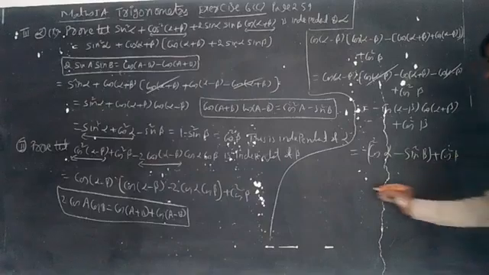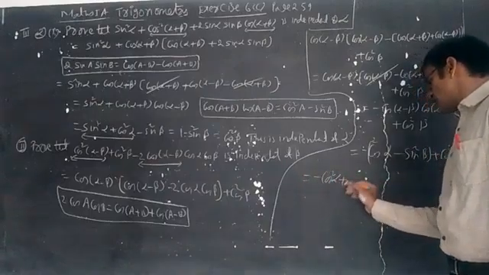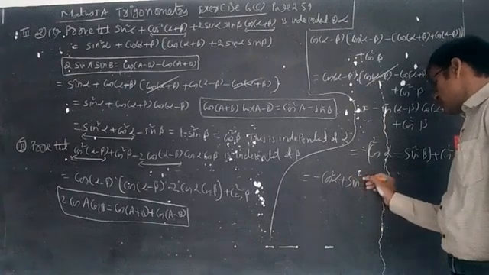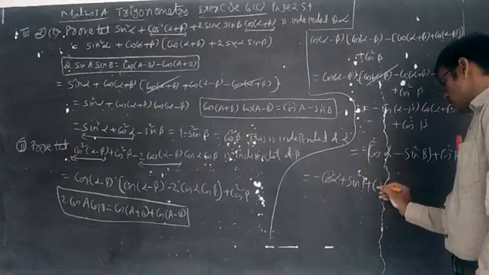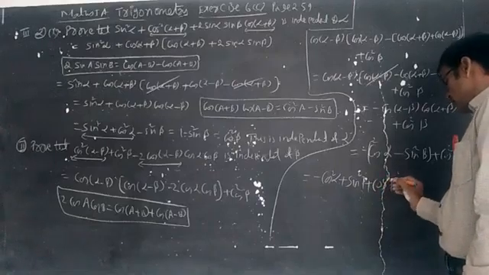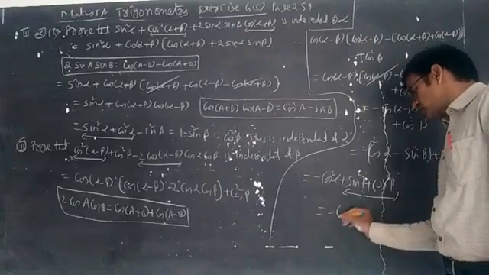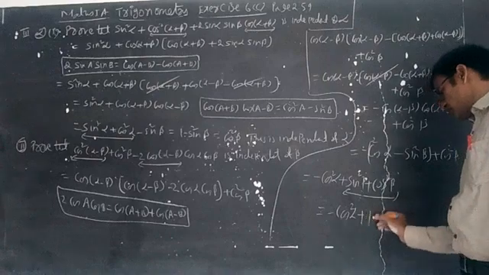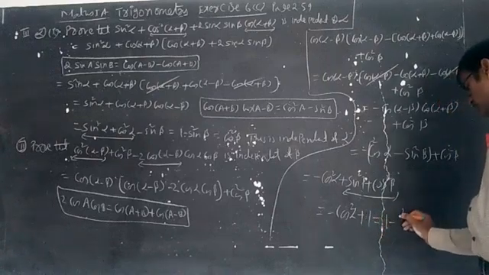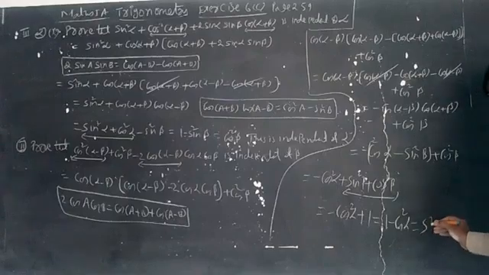That is equal to minus cos square alpha plus sin square beta plus cos square beta. Here sin square beta plus cos square beta gives 1, so this is minus cos square alpha plus 1. You can write 1 minus cos square alpha, which is nothing but sin square alpha.